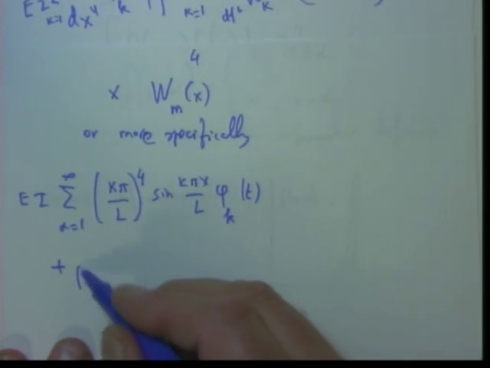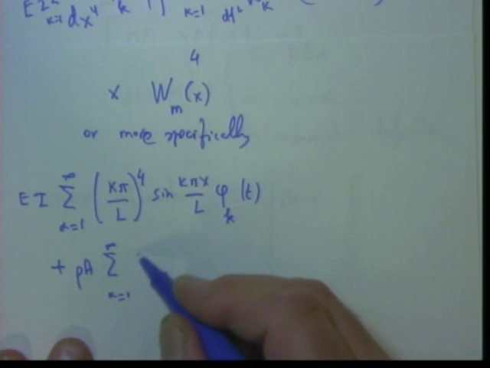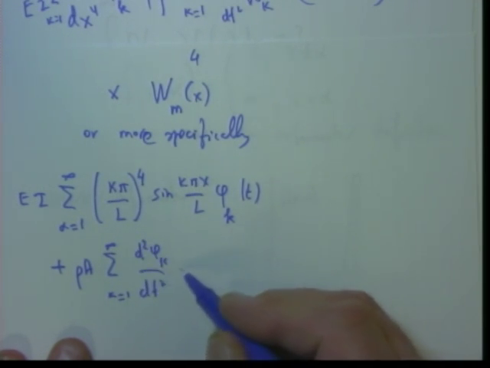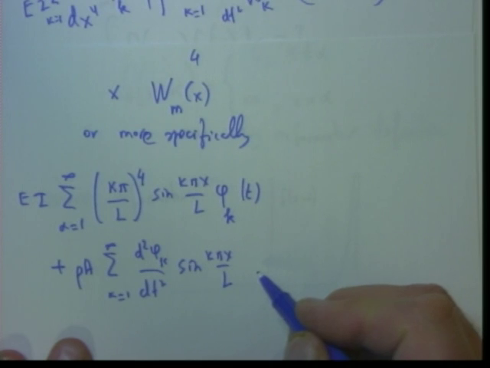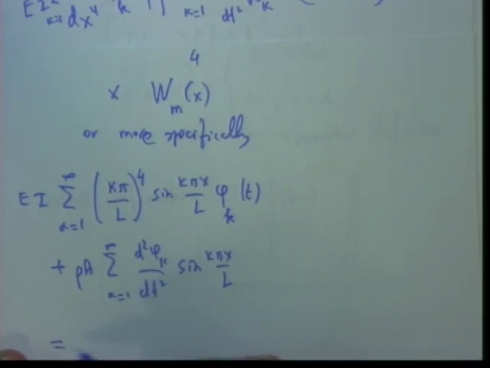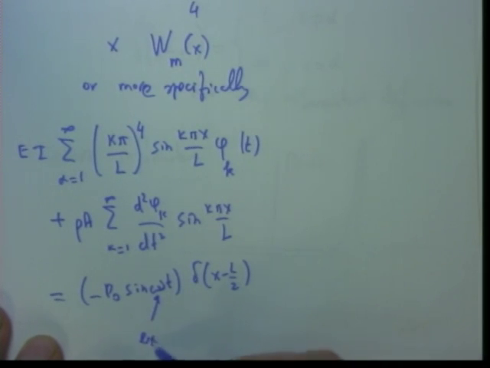Then plus rho A, k from 1 to infinity, d2 phi_k dt squared, W_k will be sine k pi x over L. And this equals minus p0 sine omega t, delta function x minus L over 2. Omega is excitation frequency.